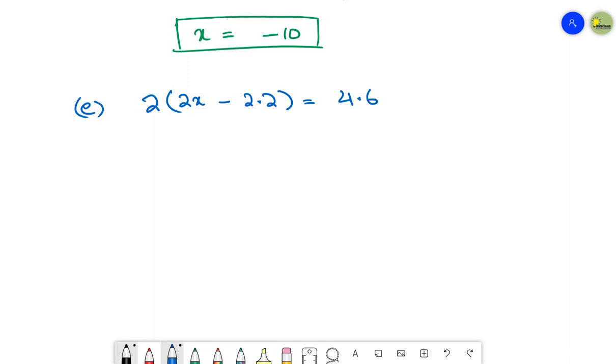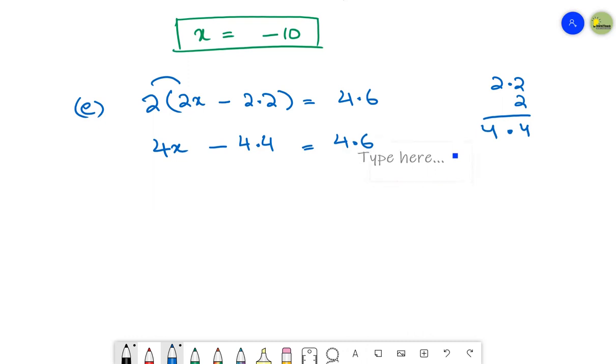Again, we have decimal numbers. We need to do it very carefully. 2 2s are 4x minus 2 multiplied by 2.2. 2 2s are 4, decimal point, then 2 2s are 4. It will be 4.4 equals 4.6. Now this 4.4 will be shifted to the other side.